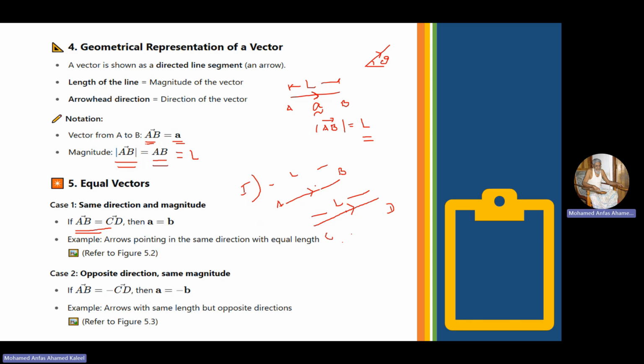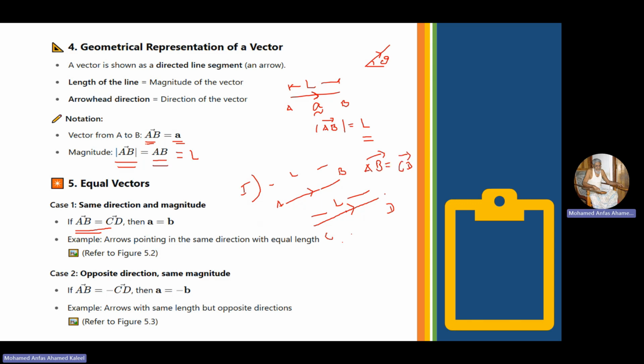Hence, if the magnitudes and the directions are the same, the two vectors can be equal. So the equal vectors are vector AB and vector CD.